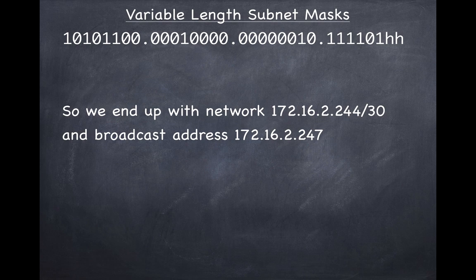So I hope these examples are useful. Like I said, figuring out the network numbers and broadcast address, doing fixed size subnets, and in this last example, variable length subnets.